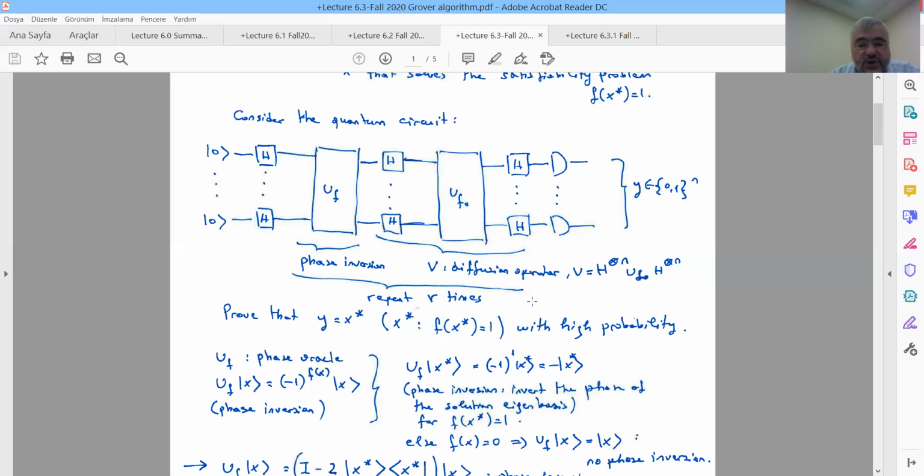We repeat this circuit R times, and the claim is that at the end of this iteration, when we make a measurement, the output is the database entry that we are searching for. The database entry is an n-bit string, one of the entries in the database. We claim that when we make a measurement after R repetitions, we obtain in the output the entry that we are looking for.